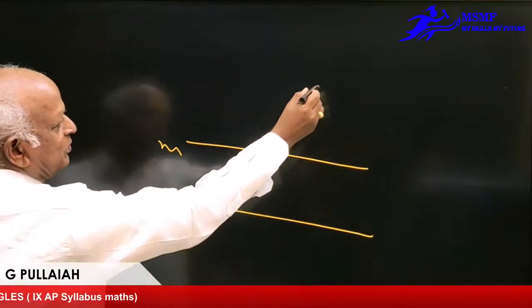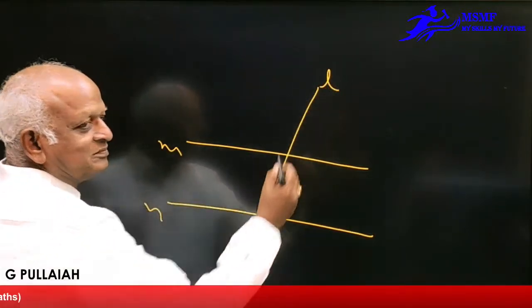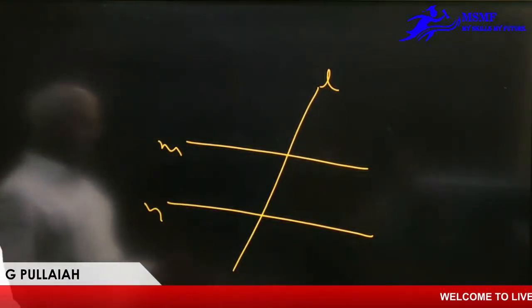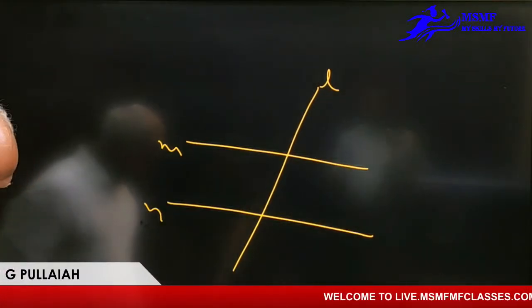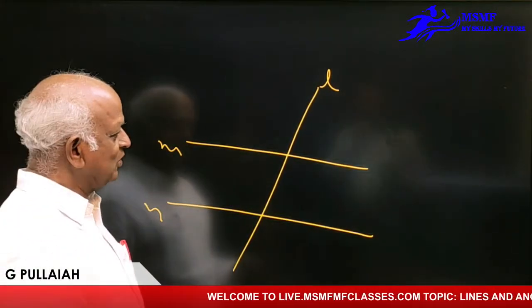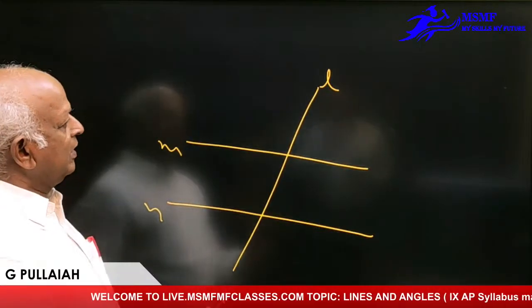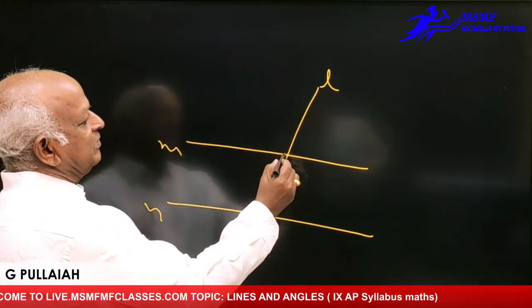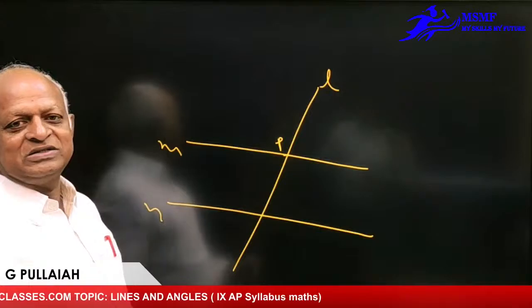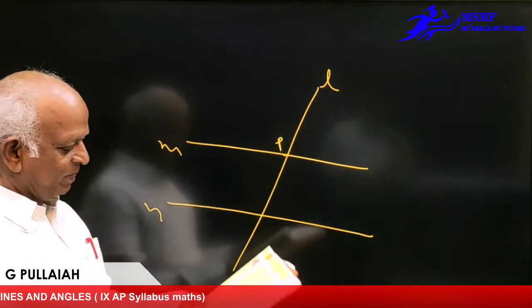So now this L transversal is intersecting at point P.